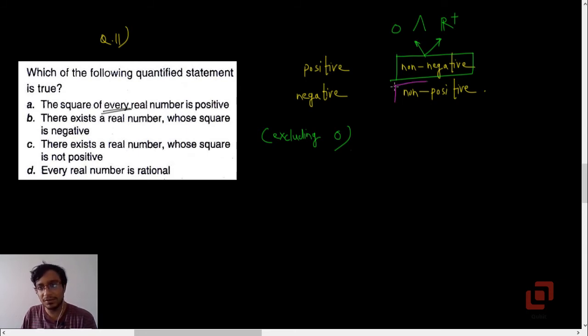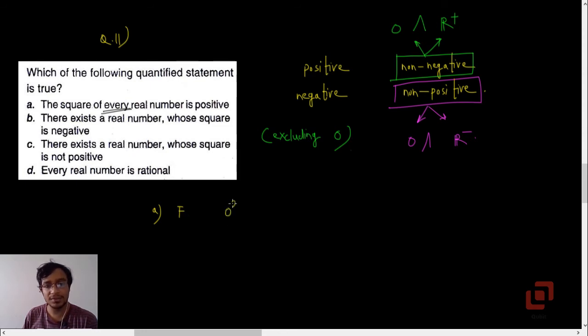Non-positive includes 0 and all negative real numbers. So when they say the square of every real number is positive, we should consider it a false statement, because the square of 0 is 0, which is neither positive nor negative. So the truth value of A is false.